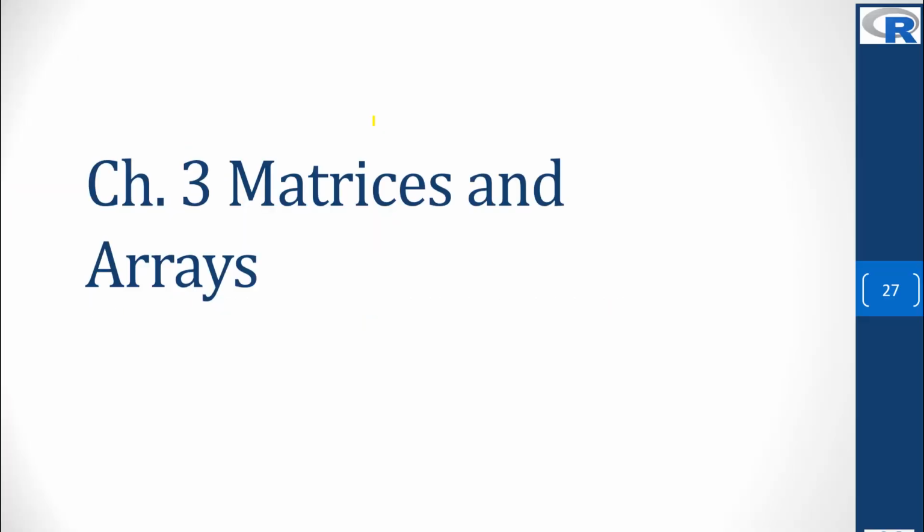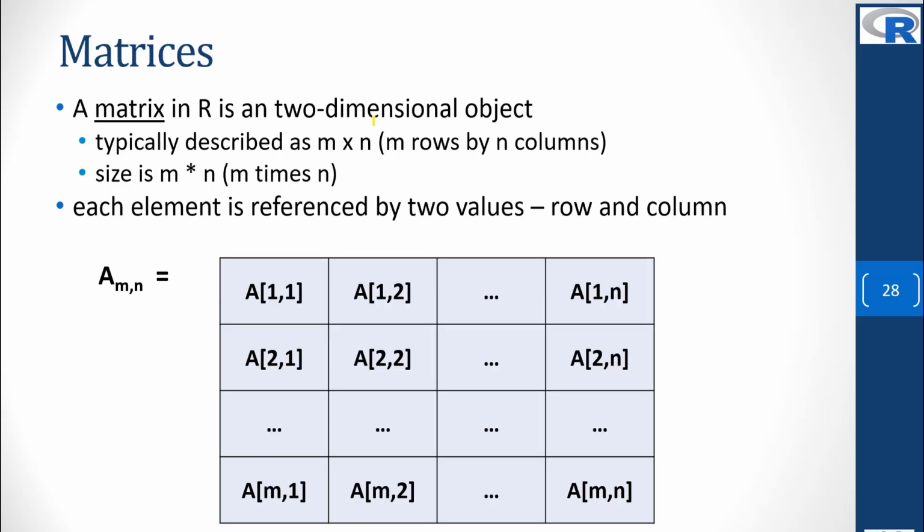Okay, so now let's start looking at some of the multi-dimensional collection objects in R, like matrices and arrays. So a matrix is a two-dimensional object. I'm going to try to avoid using the term array because we'll find there are a lot of differences here. The description is usually as an M by N matrix, where M is the number of rows and N is the number of columns.